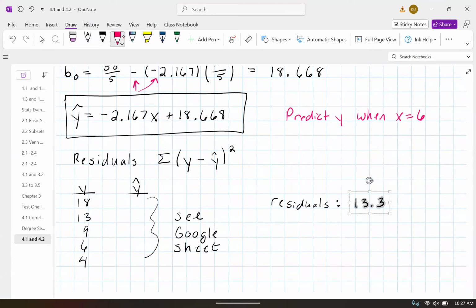We say y hat equals -2.167 times 6 plus 18.668. And we're guessing that our y value is 5.666.